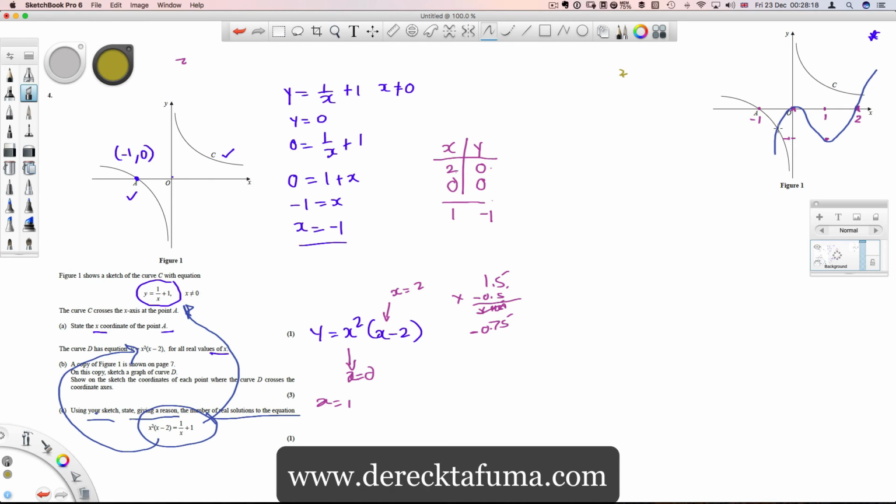How many points are crossing the two graphs? That's not very clear. Maybe red is the color. So here and here is where the solutions are. So the answer to that is 2. And that's the question done. So I will see you in question 5. Thank you for watching.